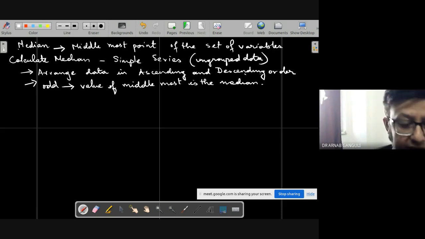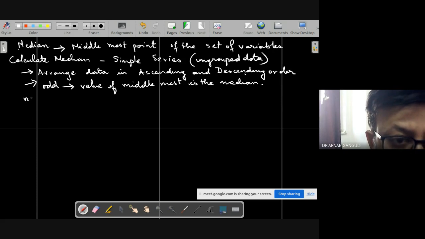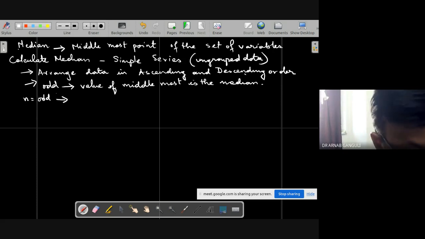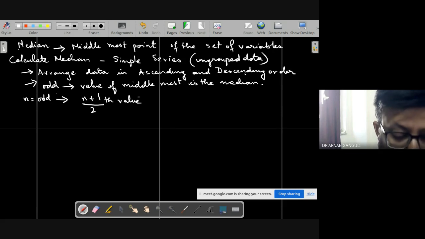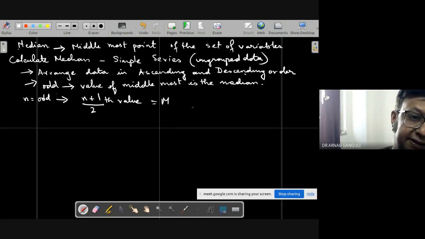The value of the middlemost is the median. That is, when n is odd, the median is the (n plus 1) by 2th value. That is equal to M, the median.